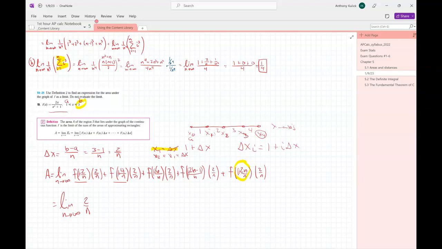Right? So that's what I'm saying here. This is like my A, and then I'm going to add however many delta x's I need to that. And that'll always give me the end point of my interval that I'm going to be evaluating.